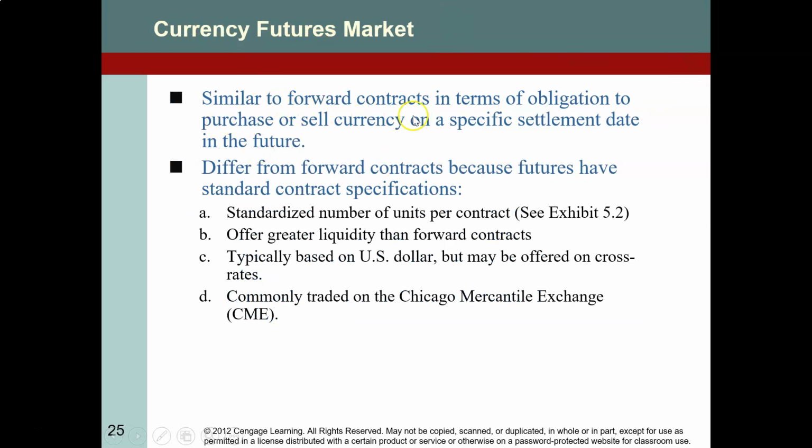It is very similar to forward contracts in terms of obligation to purchase or sell currency on a specific settlement date in the future. However, it's different from forward contracts because futures have standard contract specifications, such as a standardized number of units per contract, offer greater liquidity than forward contracts, are typically based on US dollars but may be offered on cross rates, and are commonly traded on the Chicago Mercantile Exchange, CME.